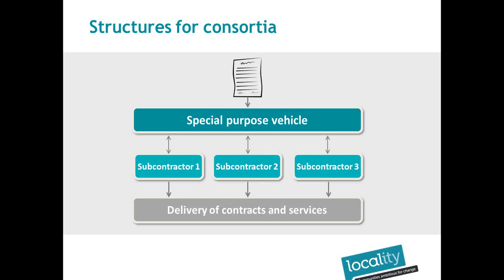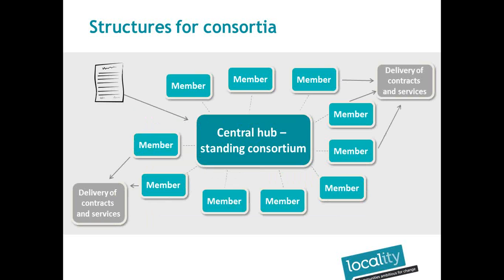Most of the work would be channeled through this new vehicle which the subcontractors and the other partners would be involved with. So just a slight differentiation there, and generally this would be a smaller number of organisations, and generally it would be just for a specific contract. At the end of the contract they would decide and review whether they want to continue that working arrangement.